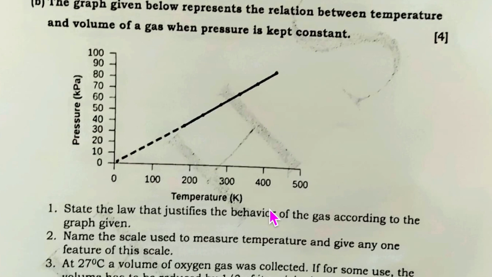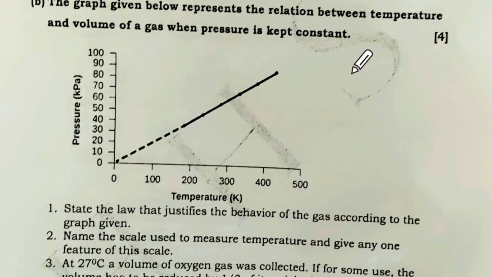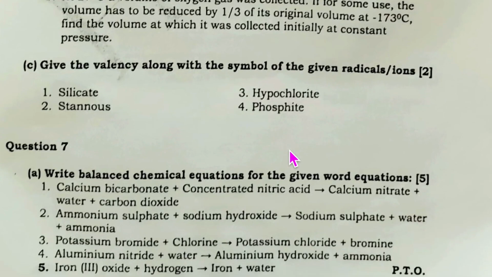State the law that represents the relation between temperature and volume, meaning V proportional to T is needed. But they say pressure is kept constant, yet they are changing the pressure. I know, can you see that? Can I just leave it? Yes.